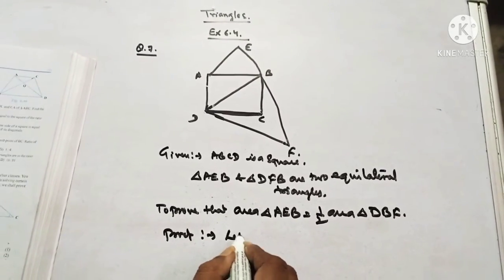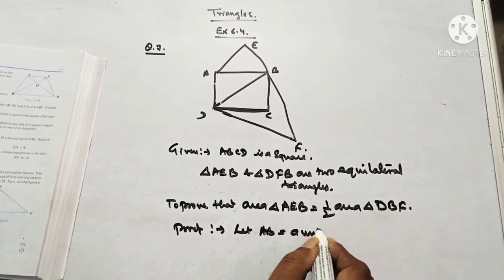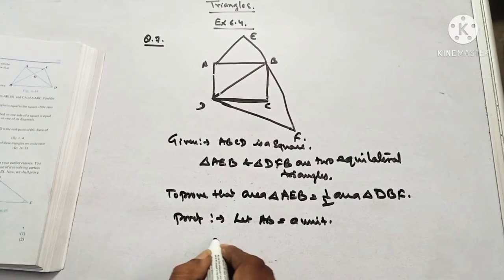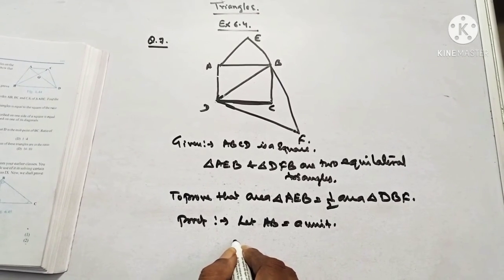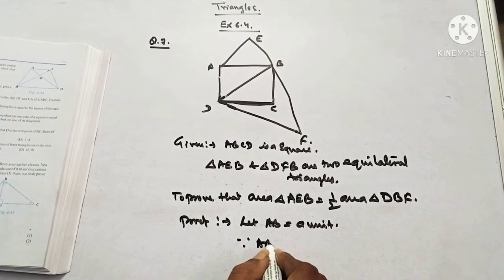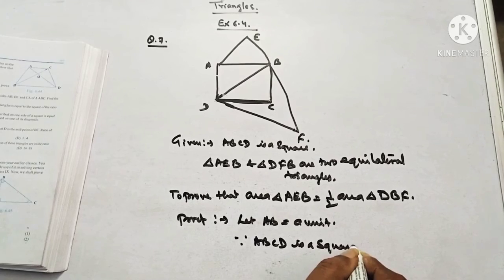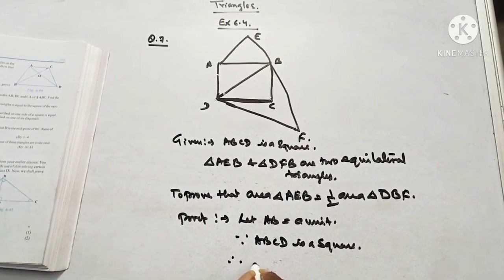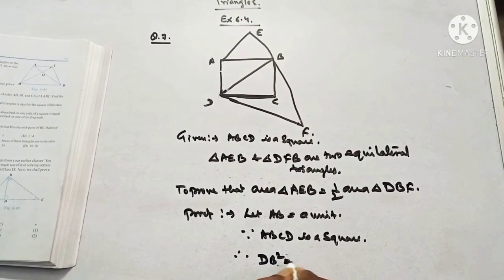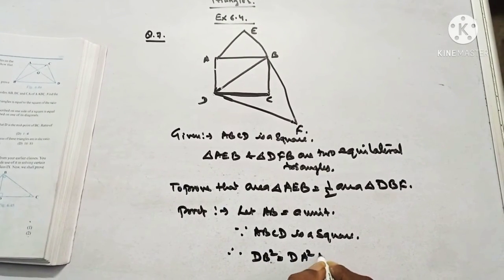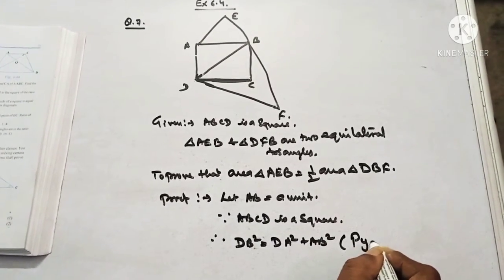Let AB be equal to a units. Since ABCD is a square, therefore DB square is equal to DA square plus AB square from Pythagoras theorem.